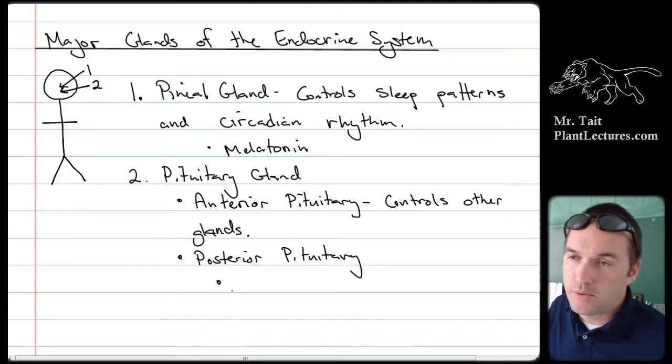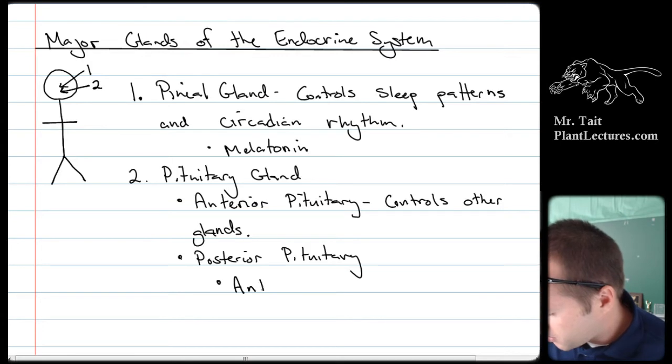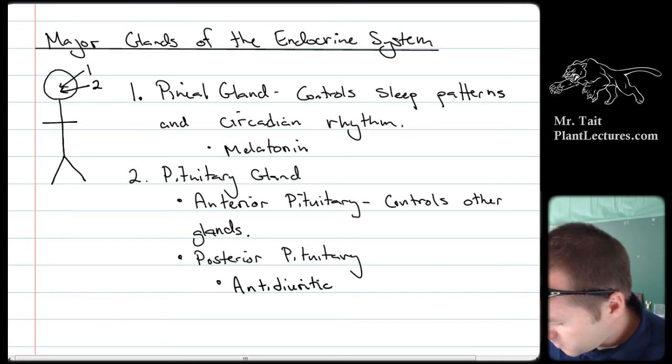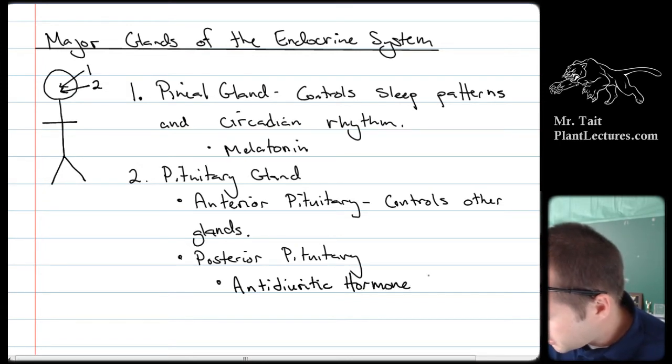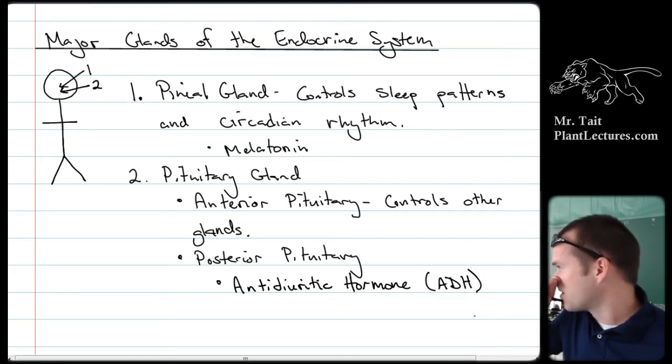There are other smaller ones too, but the anti-diuretic hormone is a really important one. It's got a couple different names. Mostly it's called antidiuretic hormone, or ADH. And sometimes it's called vasopressin, though. That's the technical term for it.